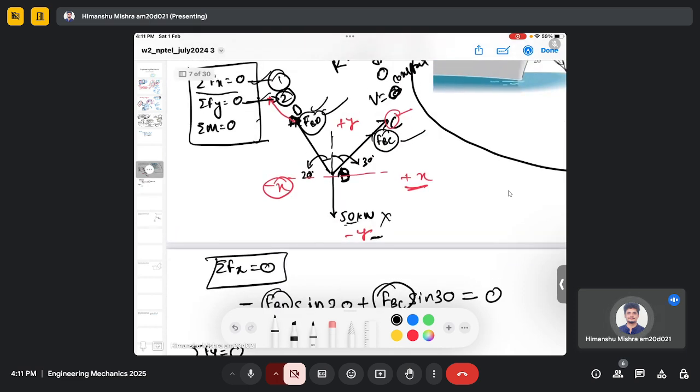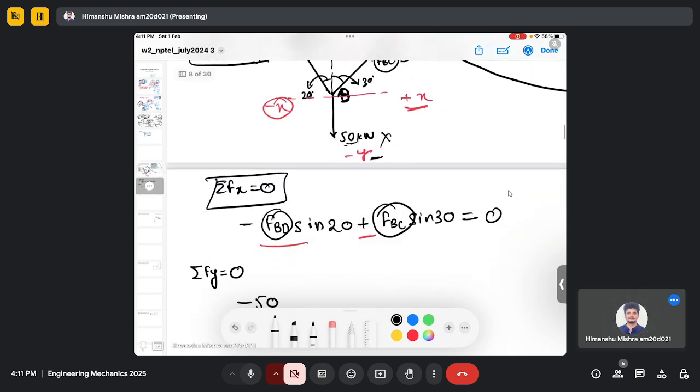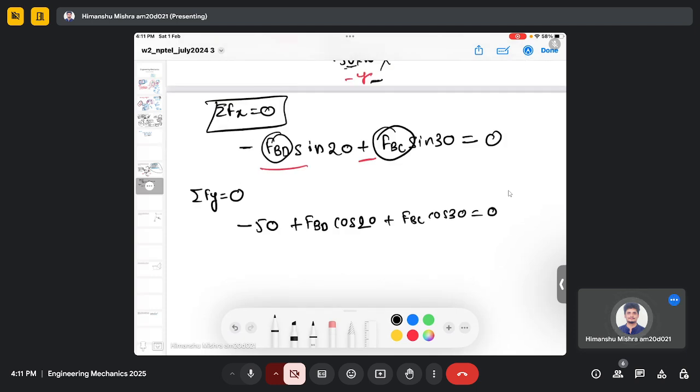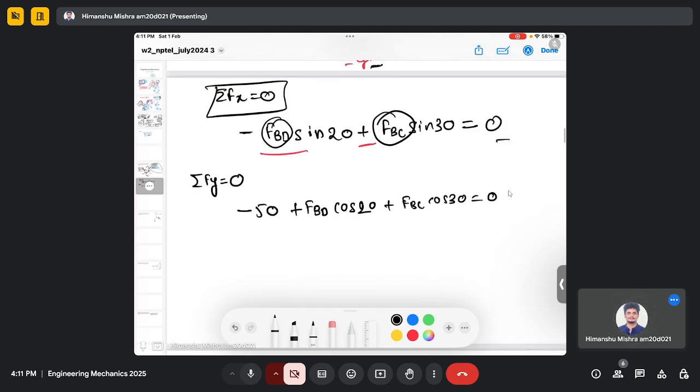Then the components of these forces in the y direction, and we can see both are in the positive y direction, so it will be plus FBD cos 20 plus FBC cos 30 equals 0 to ensure the equilibrium condition. This is equation 4 and this is equation 5. So now you can see two unknowns and two equations, which means we can solve them.